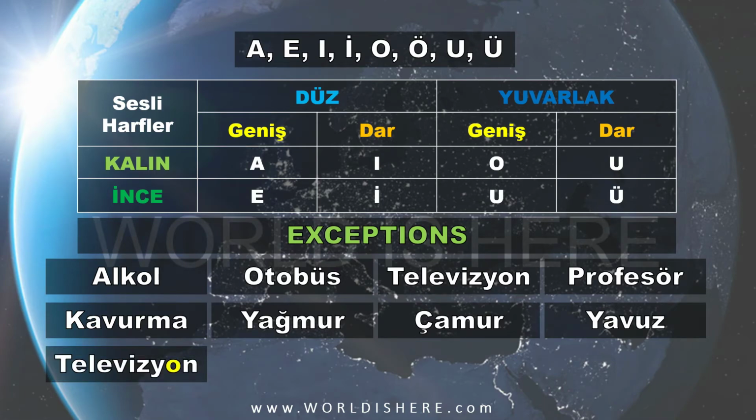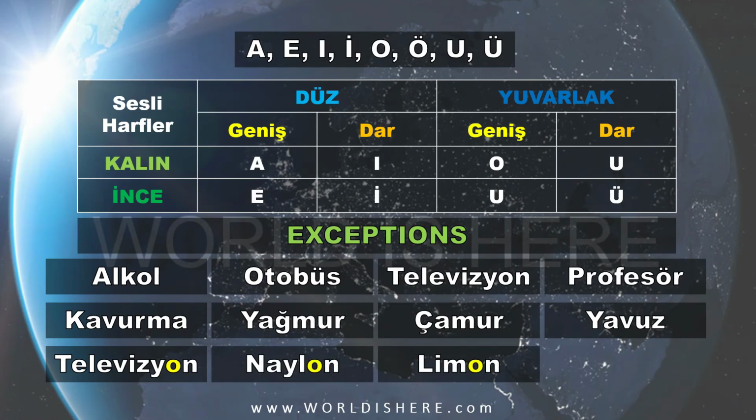And the other rule is the letter O. The letter O can never be anywhere except the first syllable. This is the rule of Turkish language. So yes, there are some words like televizyon, naylon, limon, otobüs, but it will be o.